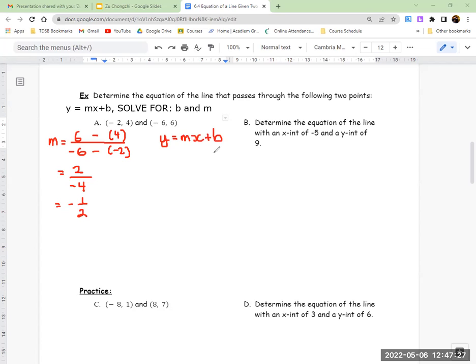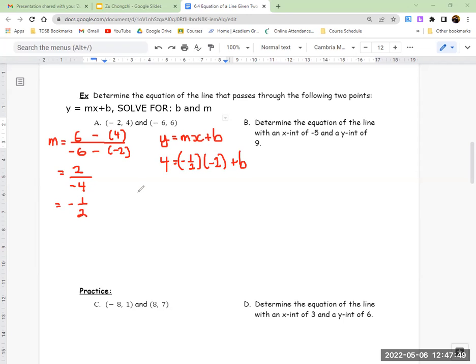And do you have a Y? So you can find B. Choose any one of these. So Arvin, just choose one. It doesn't matter. First one. With a slope of -0.5, if my X value was -2, and I add it with B, my Y value would become a 4.